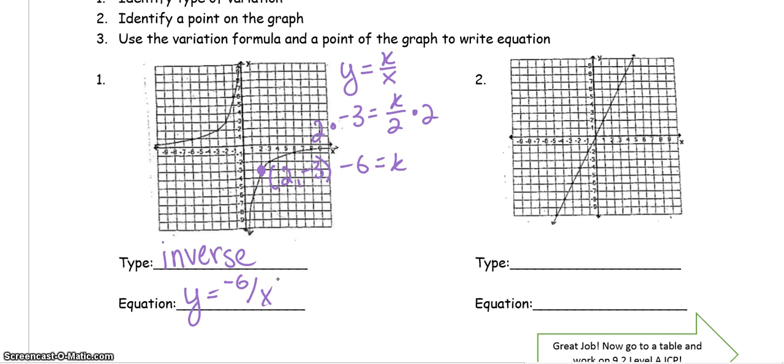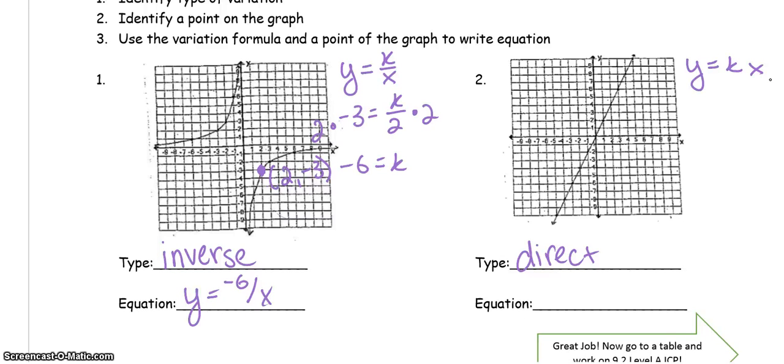And there's our equation. Looking at number 2, first we want to identify the type, and this would be direct. Now we want to use the same technique we just did to find the equation, but since it's direct, we're going to start with y equals kx. Now we need to find a point. It'll always be tempting to use the point 0, 0, but that one will never help you find k because every direct variation graph goes through the point 0, 0.